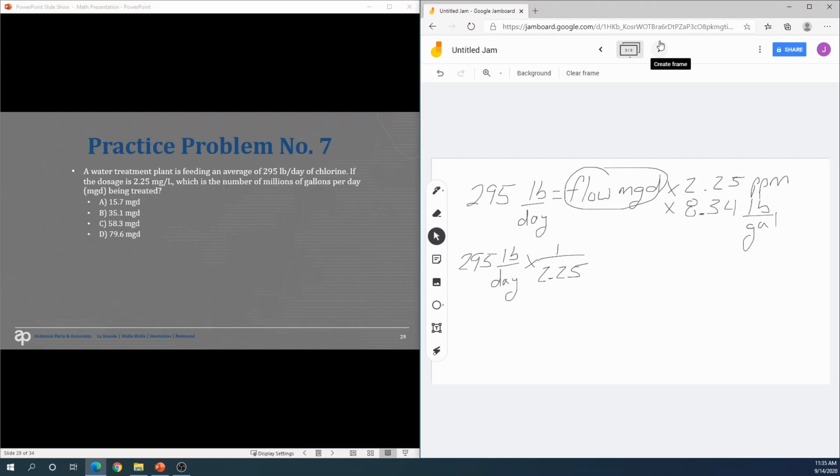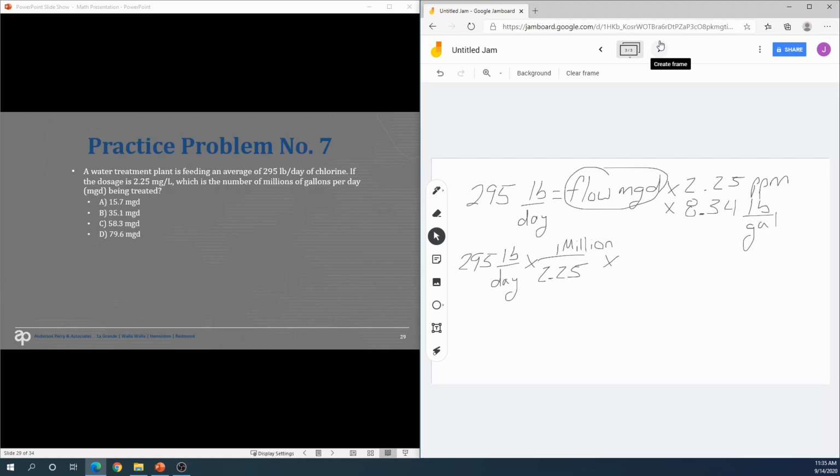Since milligrams per liter is equal to parts per million, I'm going to have 2.25 parts per million. I'm also going to divide by the 8.34 pounds per gallon.